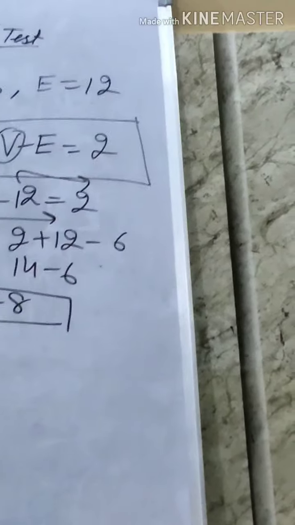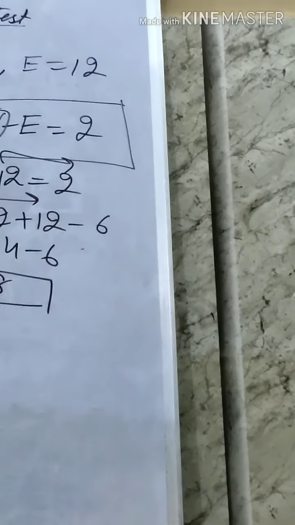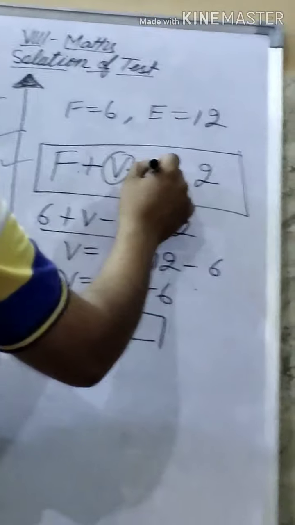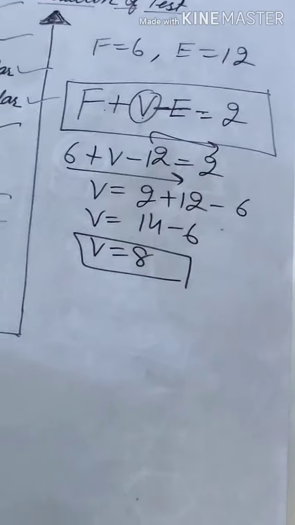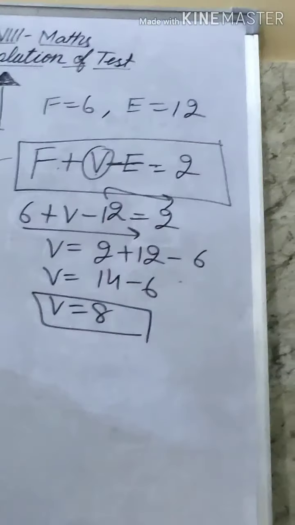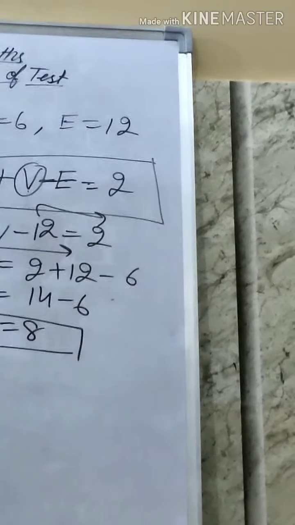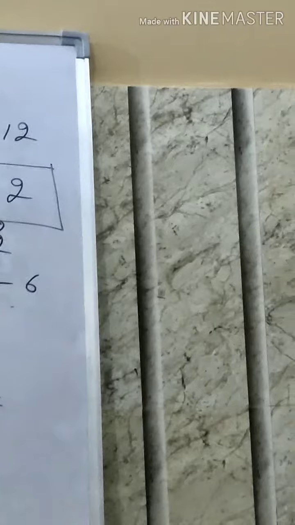So now the 9th question. Which is not the correct Euler's formula? Understand? He is asking which is not the correct Euler's formula. So you see, faces plus vertices minus edges is equal to 2. Clearly, we are saying part C is the correct answer. Why? Because here it is written faces plus vertices plus edges.